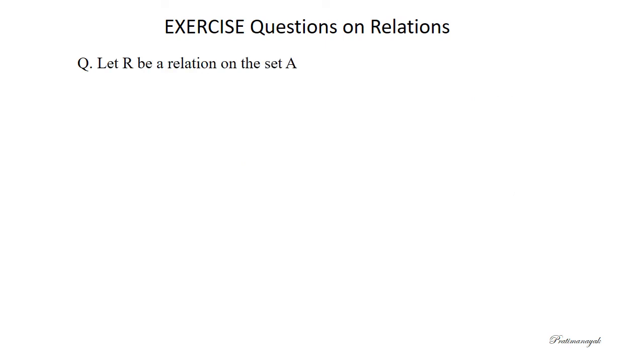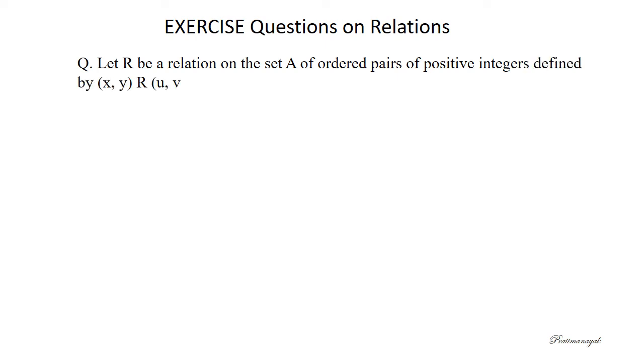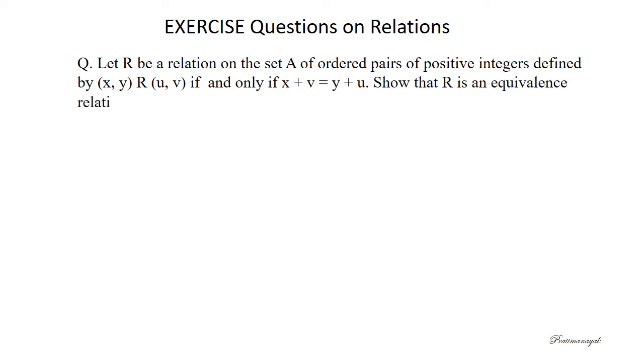Let R be a relation in set A of ordered pairs of positive integers defined by ordered pair (x, y) related to ordered pair (u, v) if and only if x plus v is equal to y plus u. Show that R is an equivalence relation.